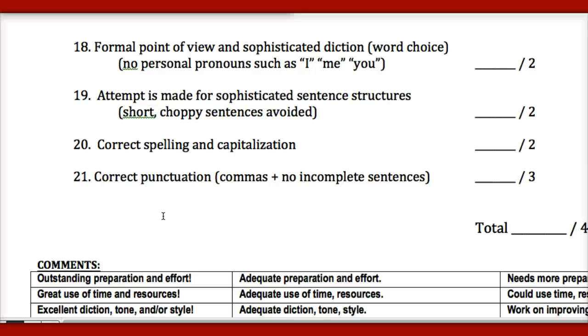Also, that is a more informal point of view, whereas what we're going for here is a very formal point of view with very sophisticated words, sophisticated sentence structures, and an attempt made for a higher vocabulary level. So please don't use words that you don't know what they are, but if you can explore a little bit with the thesaurus, I think that would be good practice for you at this point.